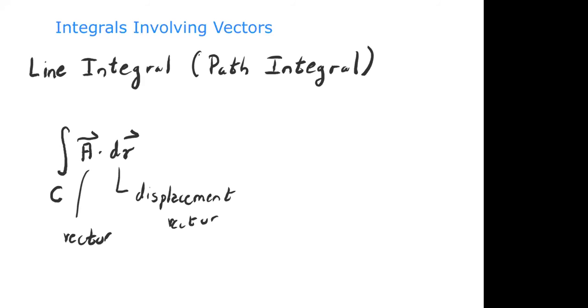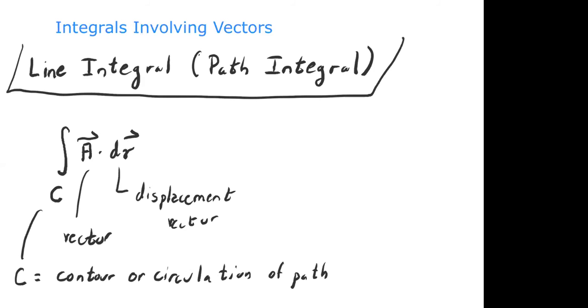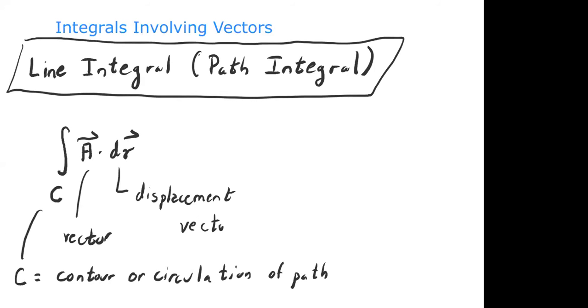Now this C under the integral stands for contour or circulation or path. So that's your signal that you're dealing with a very special type of integral, something called a line integral or path integral. I think I'll refer to them as line integrals. So I need to take a vector A, dot it into displacement dr, and then I need to evaluate this integral over some contour, circulation, or path.